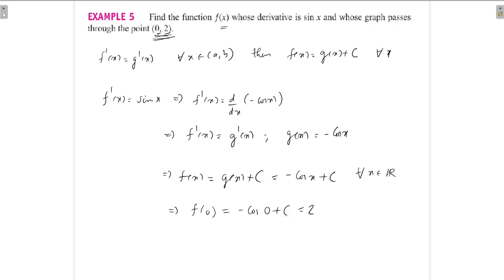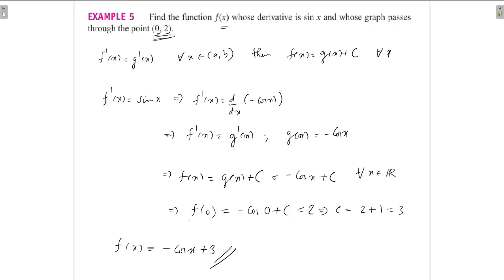So f of 0 equal to 2. That is the condition. That means minus cos 0 plus c equal to 2. This implies minus cos 0 is minus 1, so c is equal to 2 plus cos 0. Cos 0 is 1, so that is equal to 3. So our f of x equal to minus cos x plus 3. This is our function.